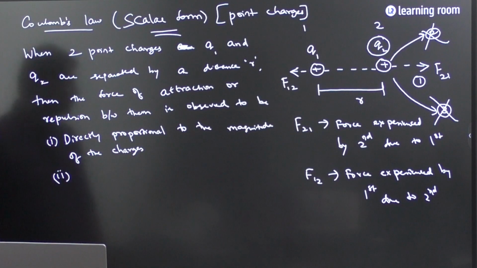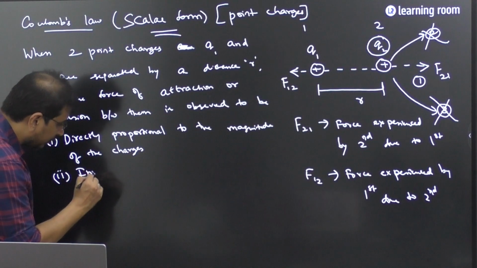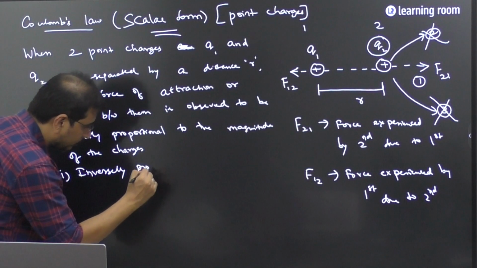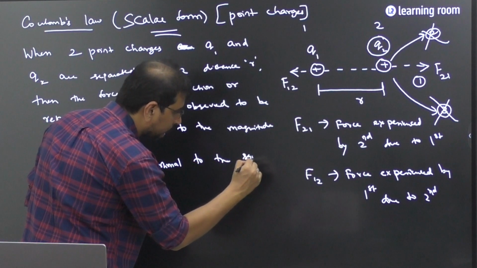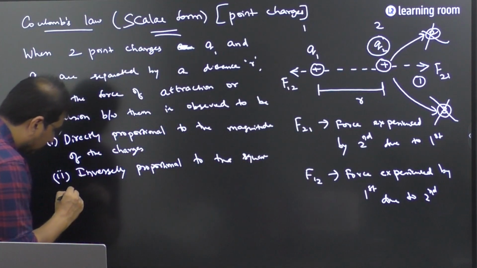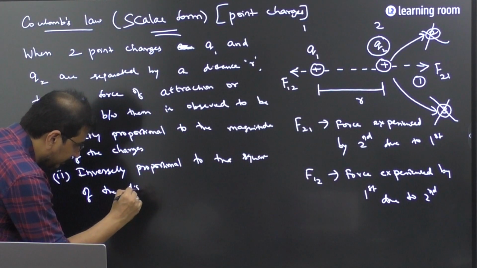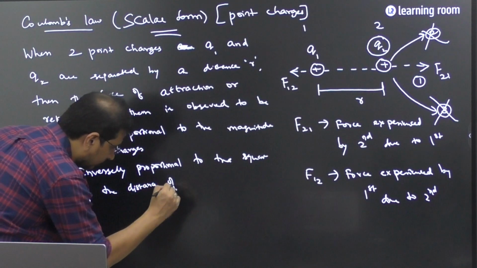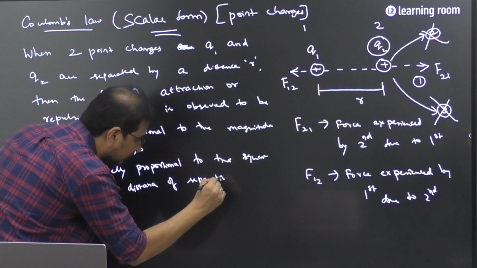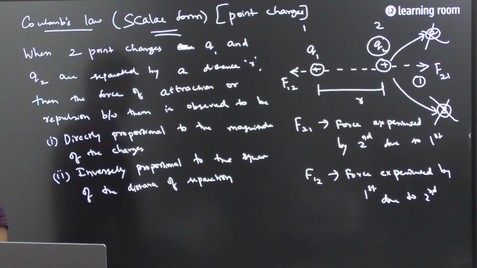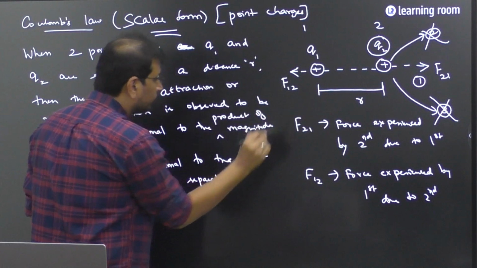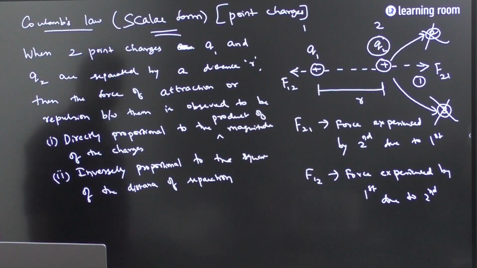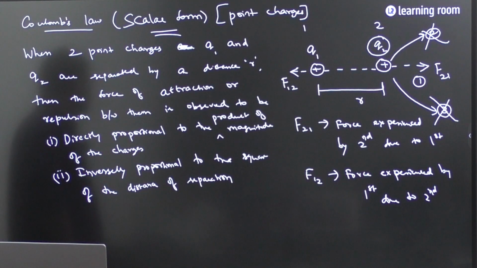And second, inversely proportional to the square of the distance of separation. I hope it's clear to this. Yeah, directly proportional to the product of magnitude of the charges, and inversely proportional to the square of the distance of separation.